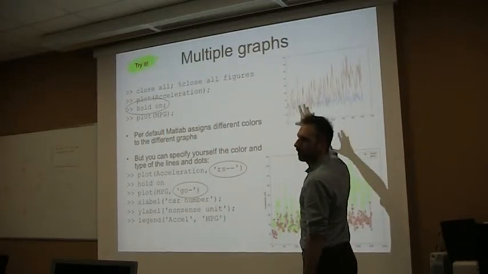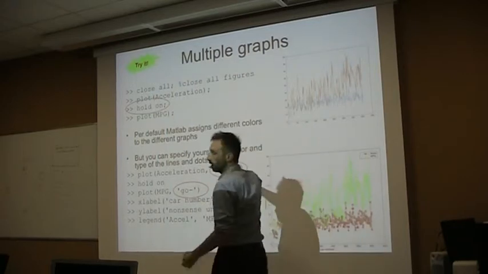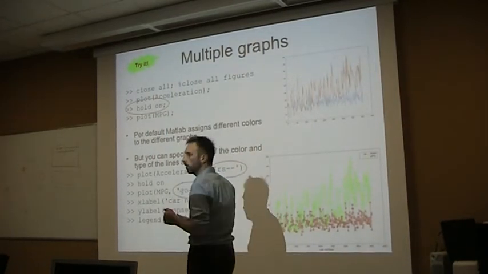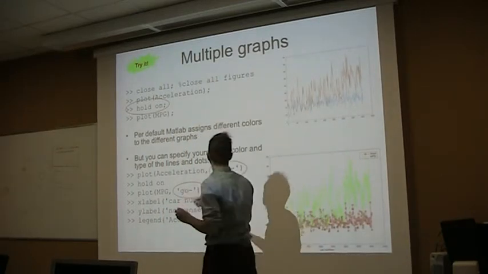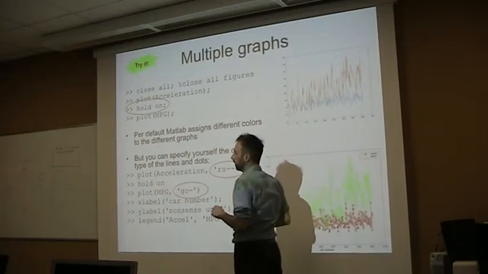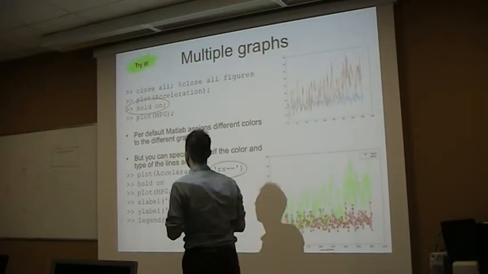Matlab chooses colors automatically when you do that. You can, however, also specify exactly which color it's going to be, how the lines are going to look, and even how the markers are going to look. So the lines connect the different data points, and at each data point you can put a marker, which can be of different sizes and colors.